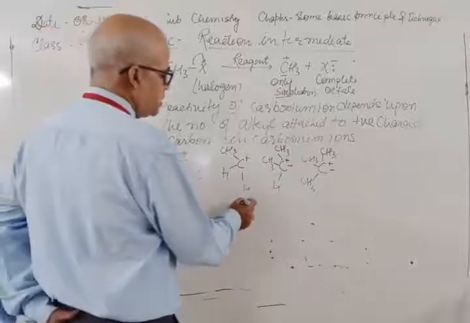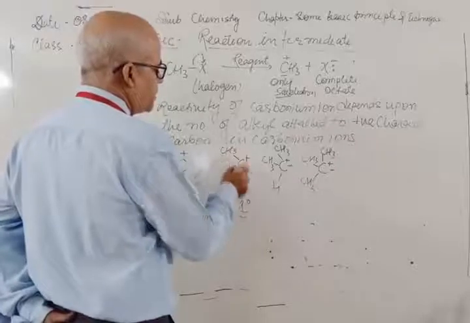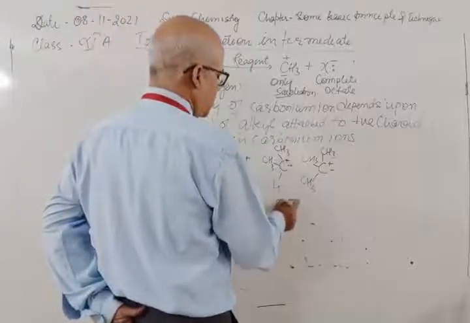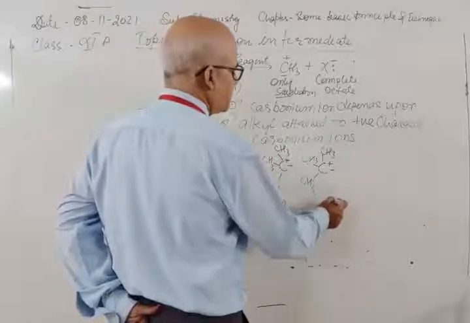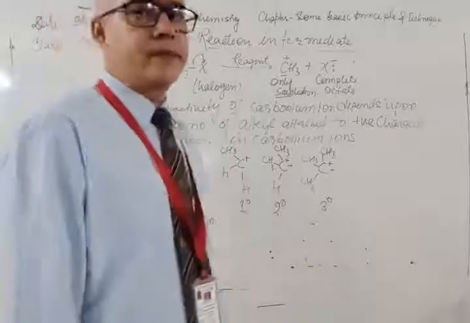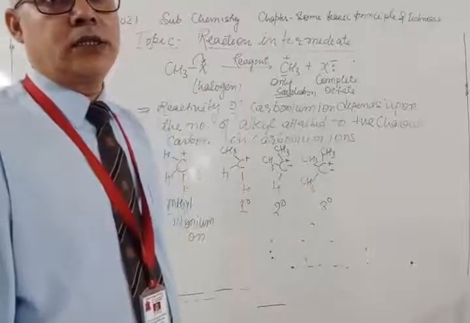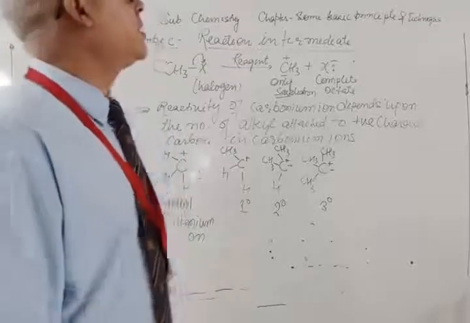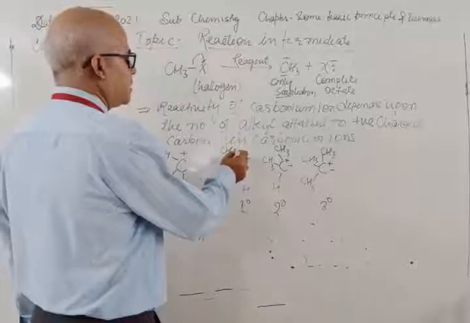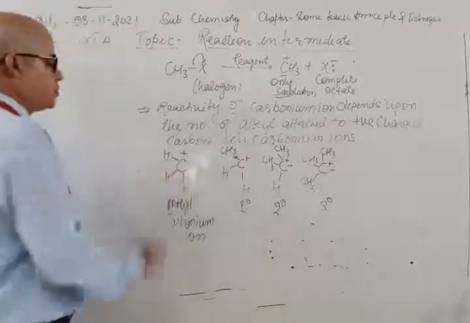This one is the primary carbonium ion, as here is one methyl group; here are two methyl groups, secondary carbonium ion; and here are three methyl groups, it is tertiary carbonium ion. Now see the reactivity order.